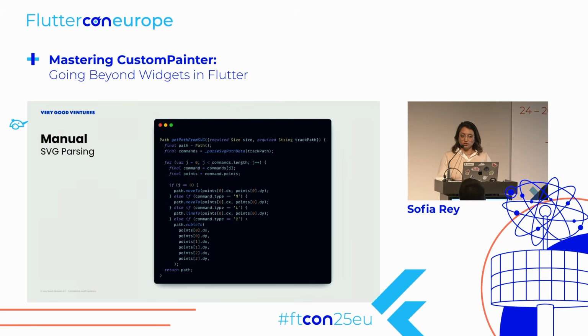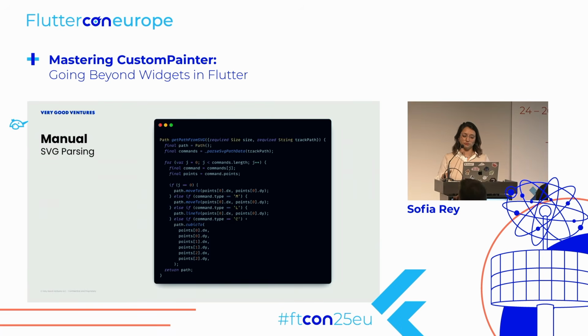We can also do this manually. We don't need packages. This was the first approach in the project. I wanted to show it to you so you see it's not so difficult. In this case, I had a function with a regex just to get this definition of the path, the string with a lot of letters and numbers. And after I have that string, it's just a matter of iterating over it and asking, is the letter an M?